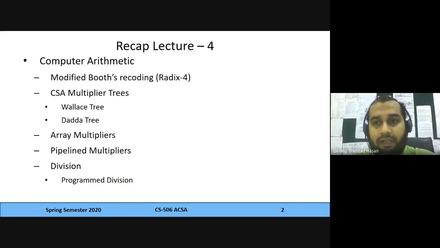It was fast, and we weren't concerned with the tricky multiple of 3A in that case. We looked at the hardware multiplier for Booth's algorithm for base 4 as well. Then we looked at the carry save adder multiplier tree. The other technique to multiply is to have the operands, which are the partial products, added quickly.